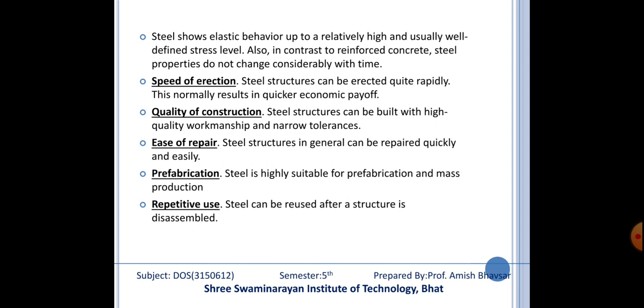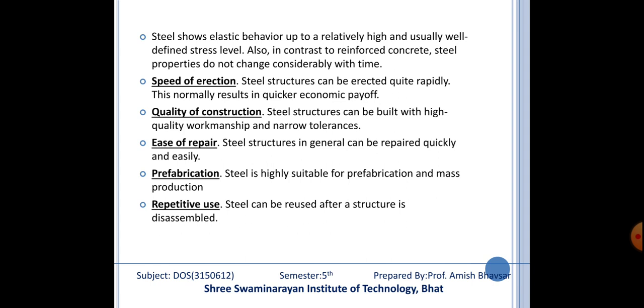A beam can take around 10 days. So in steel structure, we can make fast erection because there is no need to wait for setting. We can directly weld the structural members and erection can be done.